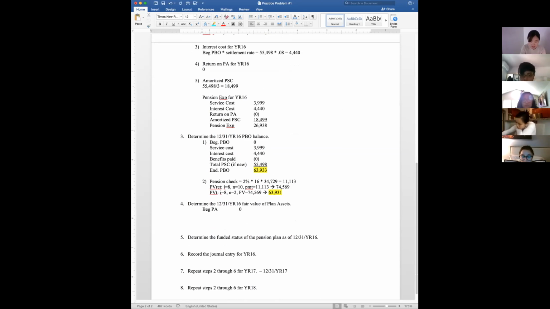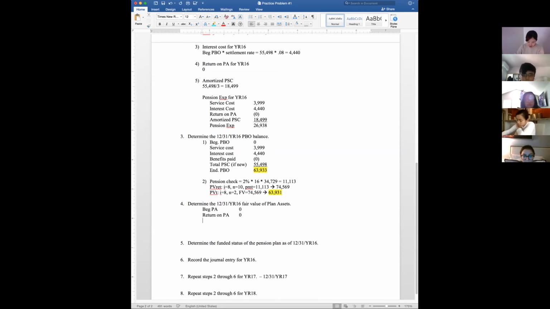And then we add return on plan asset. Beginning plan asset is 0, therefore when we apply 10% return, that's still 0. And then contribution.